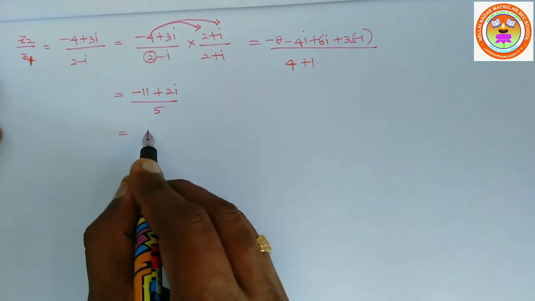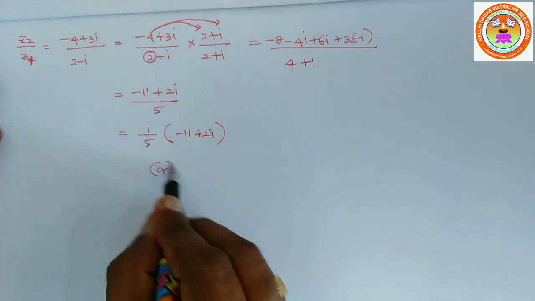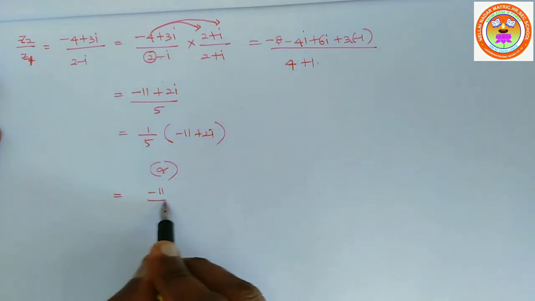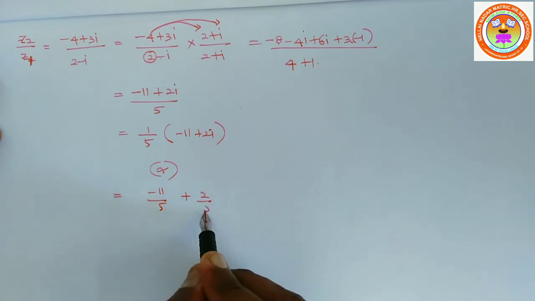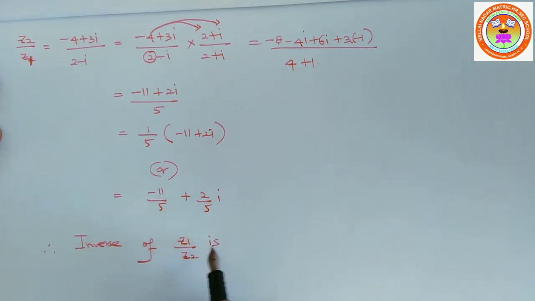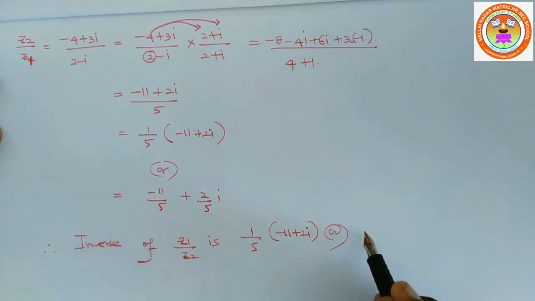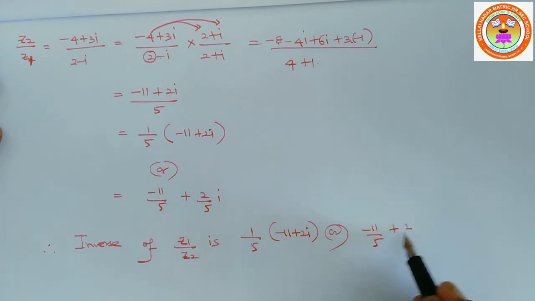The final answer is 1 by 5 times (minus 11 plus 2i), or minus 11 by 5 plus 2 by 5 i. Therefore, the inverse of z1 by z2 is 1 by 5 times (minus 11 plus 2i), or minus 11 by 5 plus 2 by 5 i. This is the required answer for this sum. With this we are finishing the third sum also.